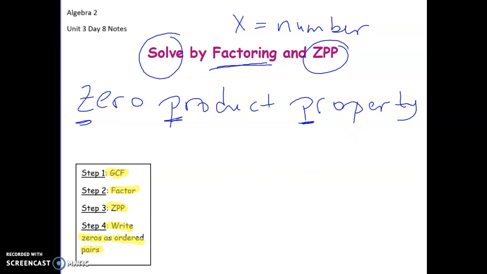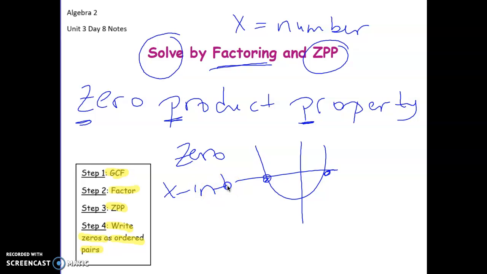Okay, so that word zeros. You might remember from what we did on the calculator that zero is what the calculator calls the x-intercepts. So what we're going to be doing today is we're going to use factoring to solve and find the zeros of a function, which are also the x-intercepts, also called the roots.